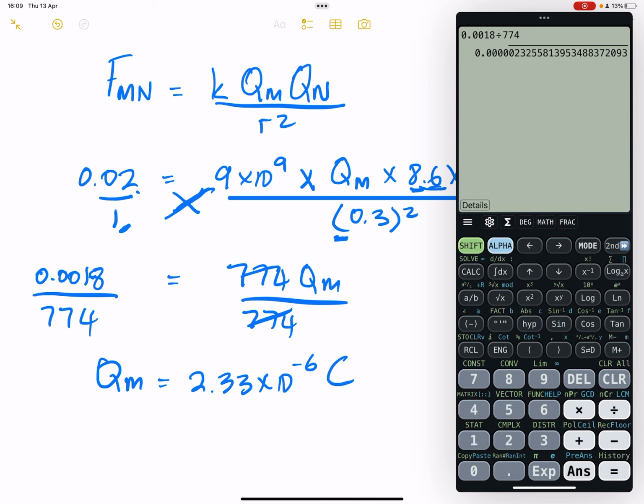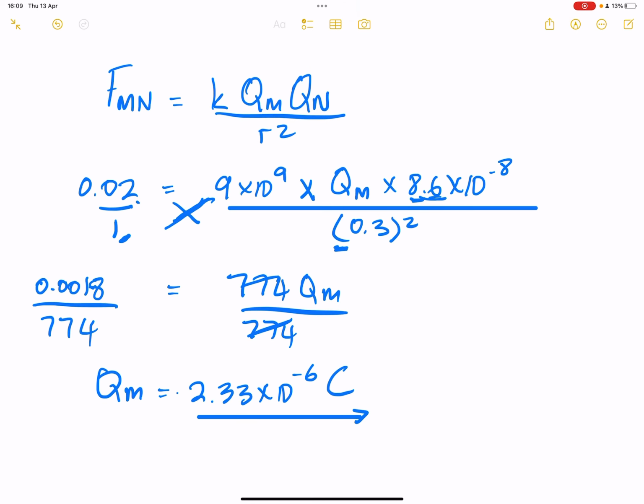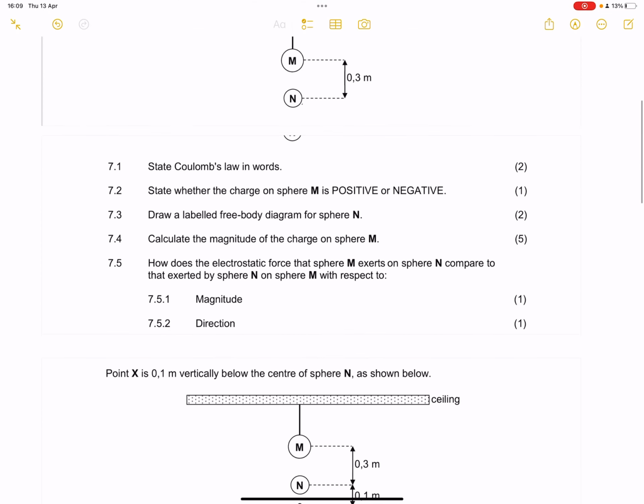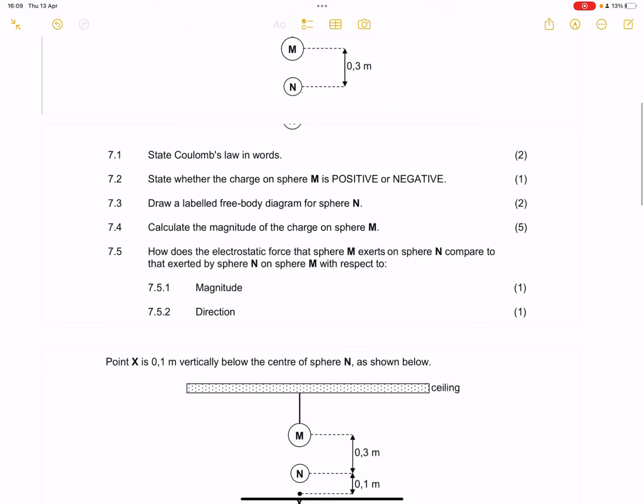Of course, you probably have a much better calculator. I'm not too sure how to convert this to scientific, but nonetheless, it is what it is. In this case, that would be times 10 to the minus 6 coulombs. Now keep in mind that the charge on M is negative, so let's not forget to put that sign there. Oh well, they said magnitude, so in this case, it doesn't really matter.